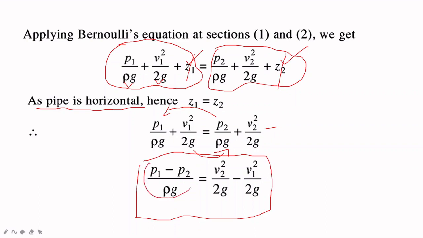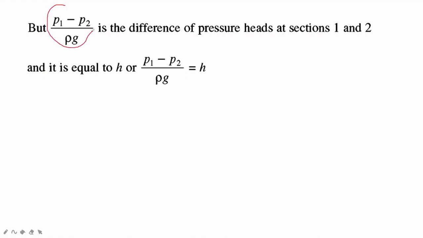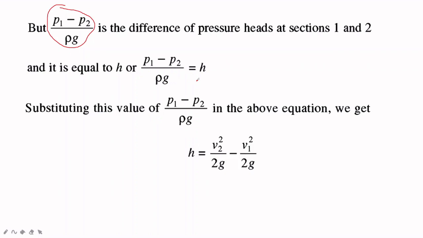We can call this H. So P1 minus P2 by rho g is equal to H. Now in the place of P1 minus P2 divided by rho g, we can put H. So H is equal to V2 square by 2g minus V1 square by 2g.